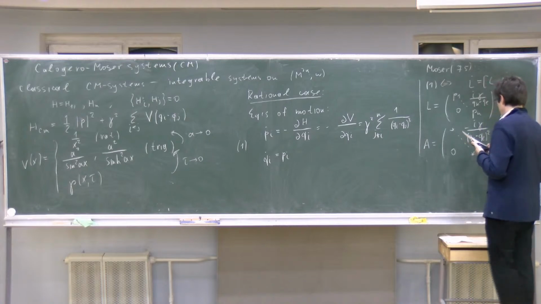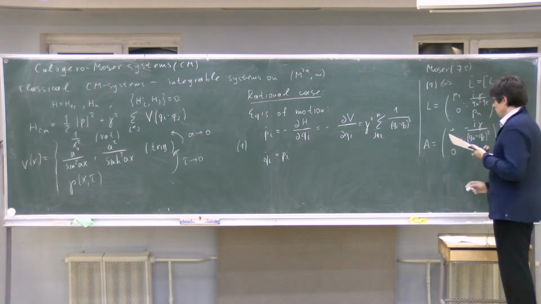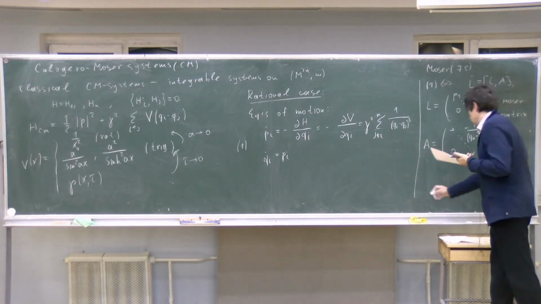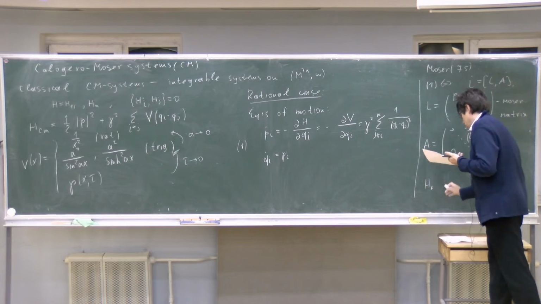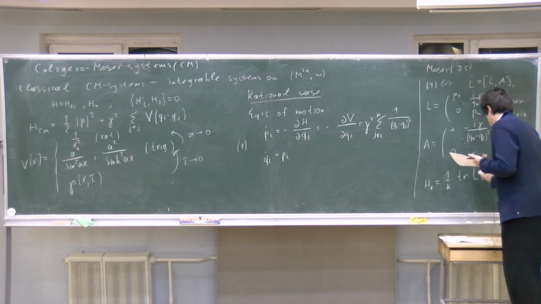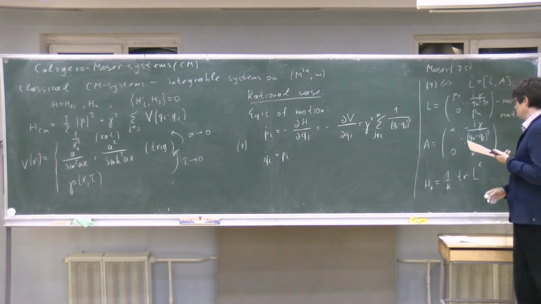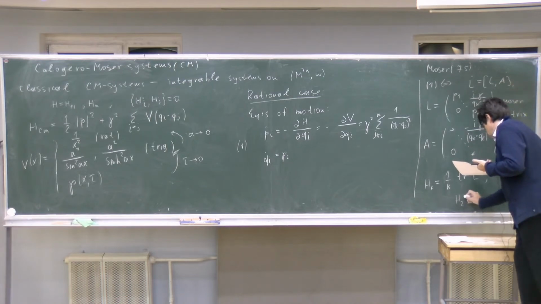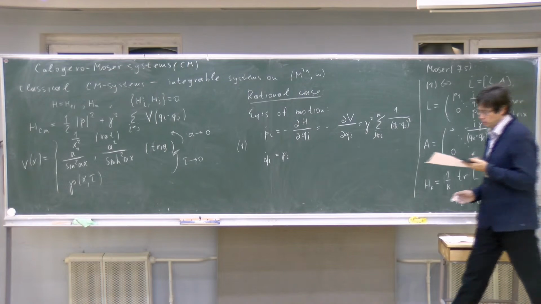This is the result of Moser, and in this case we can write down the additional Hamiltonians explicitly. These are just traces of the powers of L, with H_2 equal to our initial Hamiltonian H_CM.